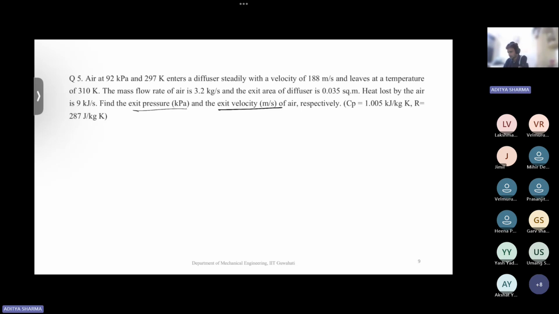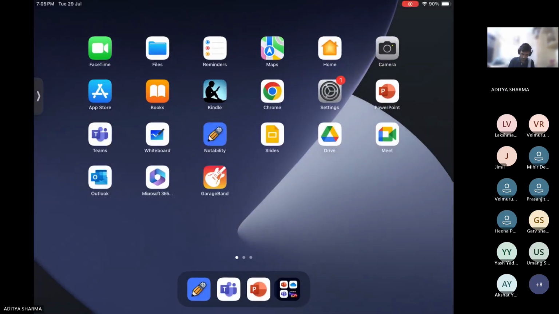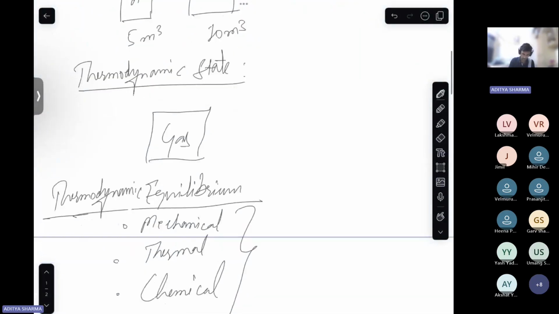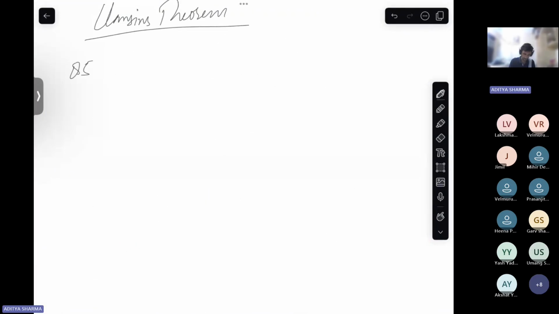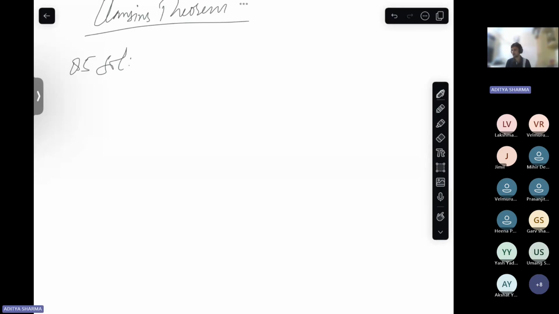So let's do this numerical. This is your question number 5 and solution. So we have been given P1 is 92 kilopascal.